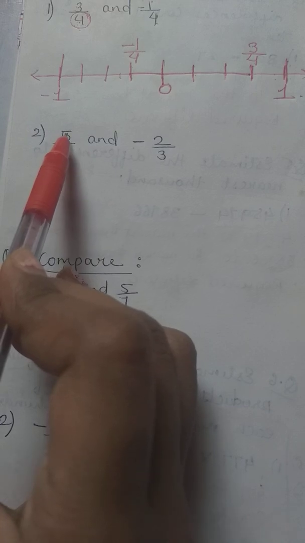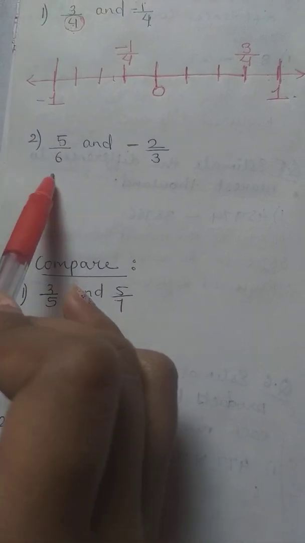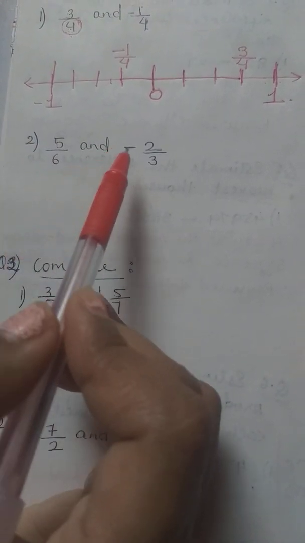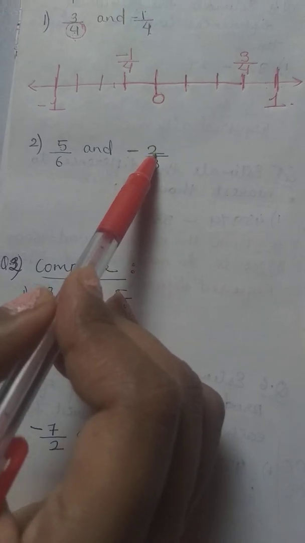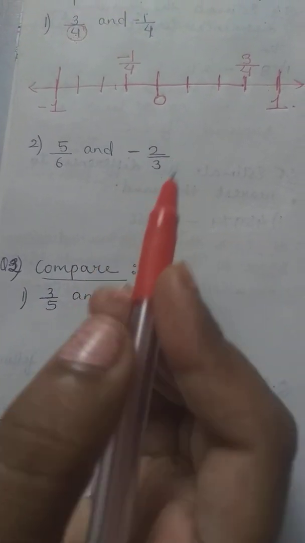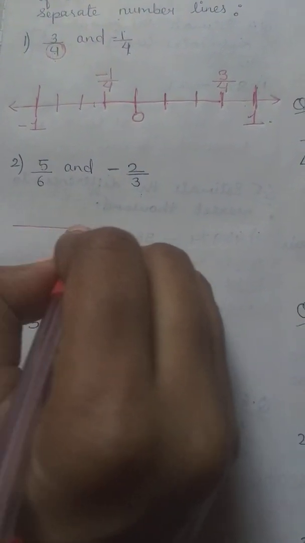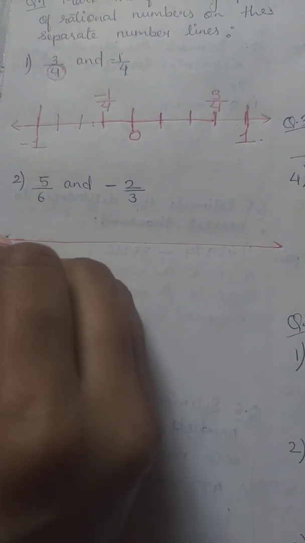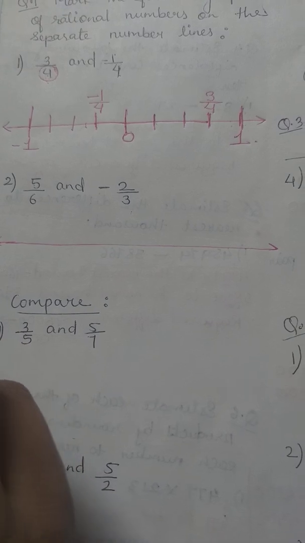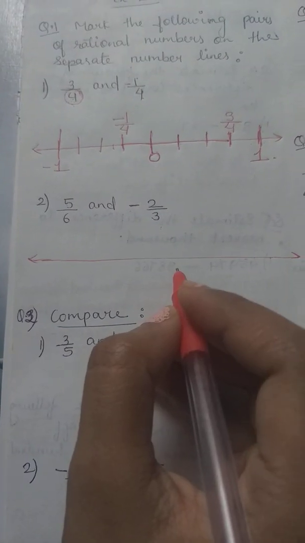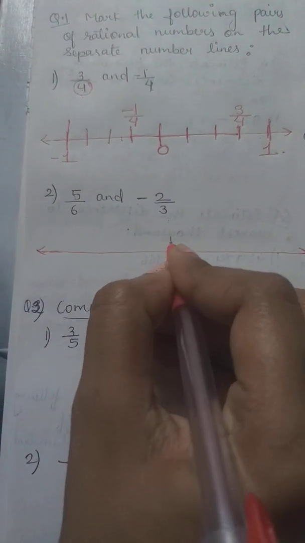Here numerator 5, denominator 6, and numerator 2, denominator 3. We'll use the same number line, but we'll do it very carefully. Here 0.